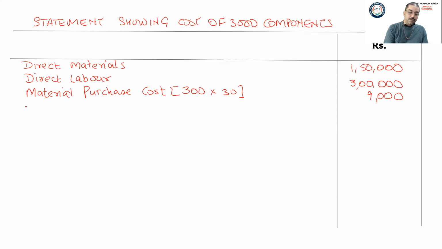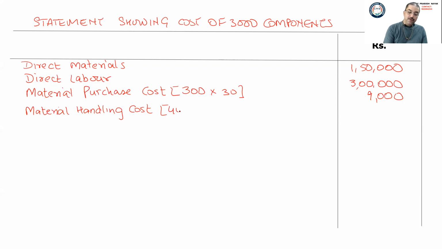Material handling cost. Material movements are 15 and the rate is 400.